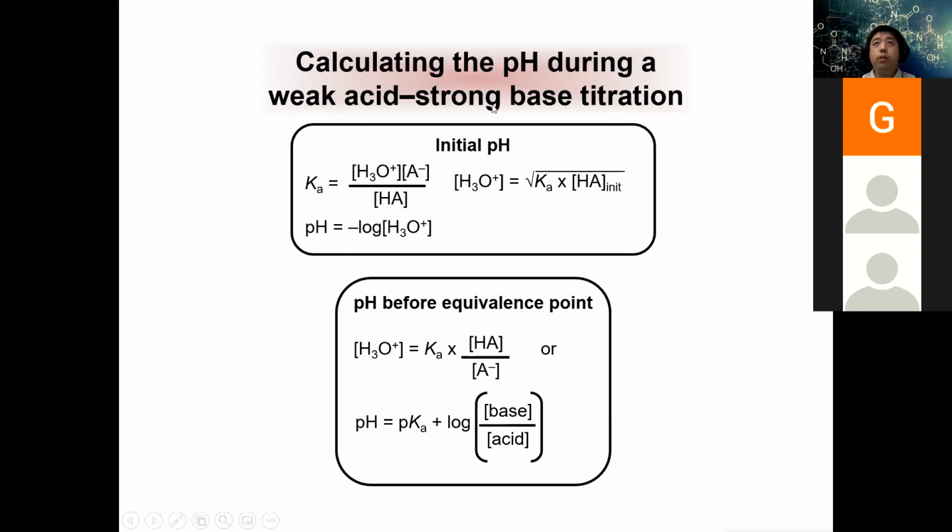I want you to look here. What essentially are we looking for in this area? What does this look like? What does this equation look like? Or if you're unsure of that, what can you tell me about weak acids versus strong acids?